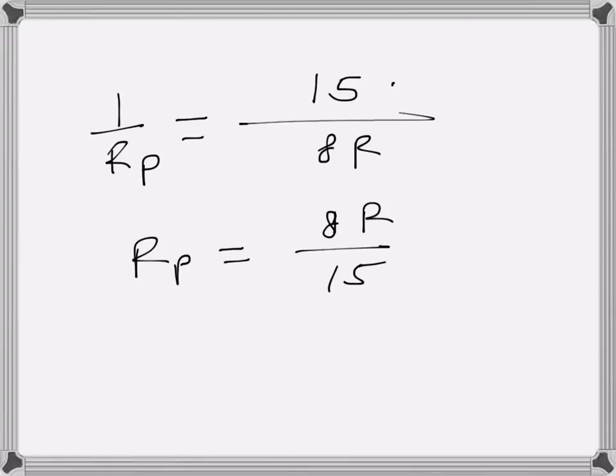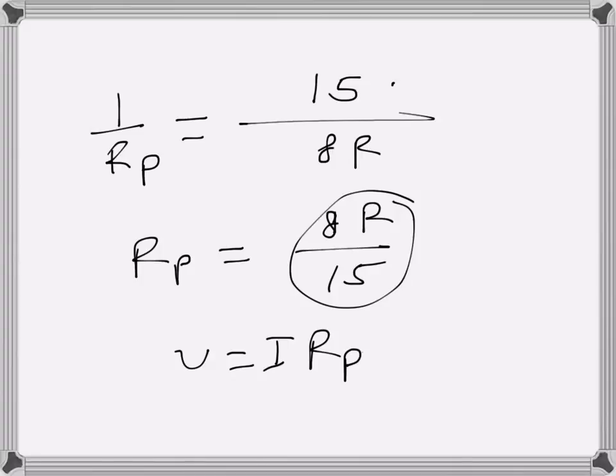We need to find the value of R. So V is equal to IR, and we can use Rp, the combined resistance. So 1 is 1 times Rp.